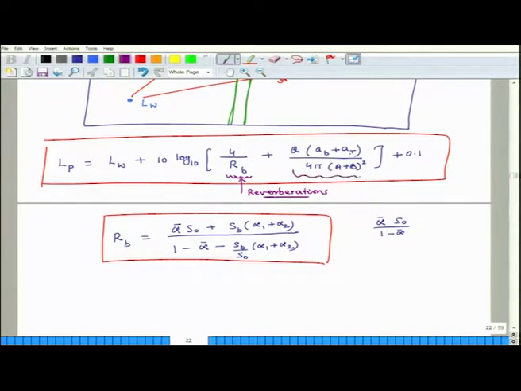This term is because of direct sound field. Okay. I mean, when I say this term, it means this entire thing, and same thing here also.